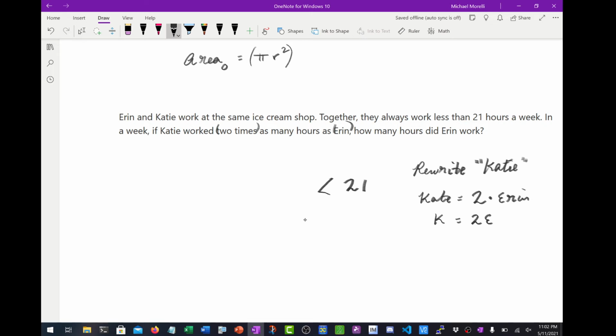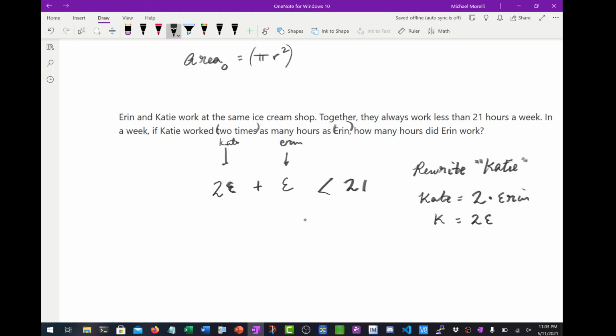So the inequality would be Katie, which is 2E, plus E, which is just Aaron, is less than 21. So this is Katie, and this is Aaron.